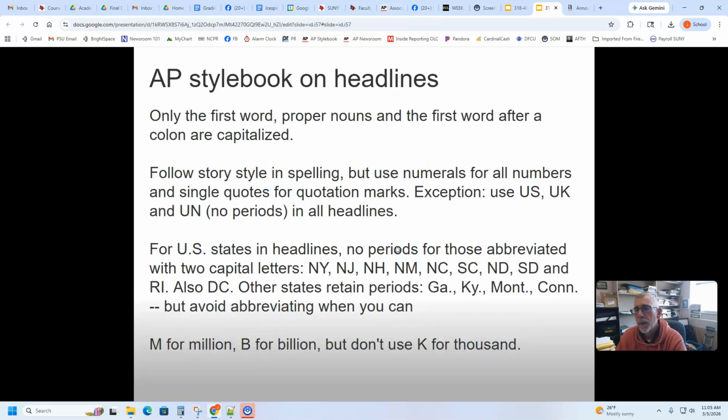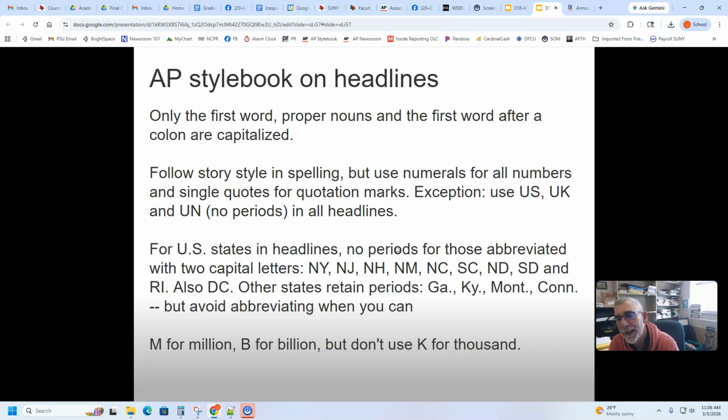All right. So what do the AP style books say about headlines? You're supposed to use sentence case. I've been telling you that on your pages, and some of you still aren't getting it. That means you capitalize the first word like a sentence, and you capitalize no other words except for proper nouns. By the way, AP says if your headline starts with a word that is lowercase, like eBay, capitalize it anyway.